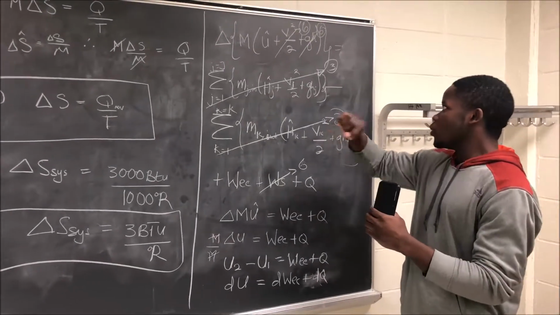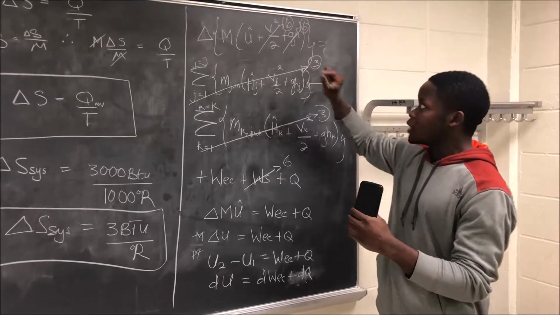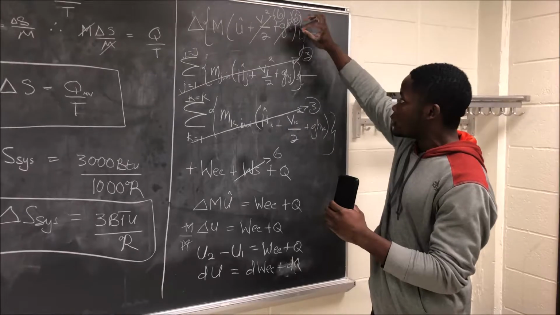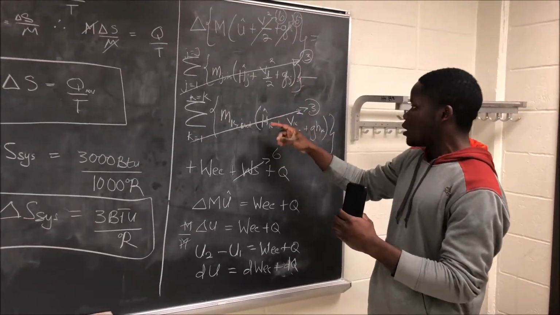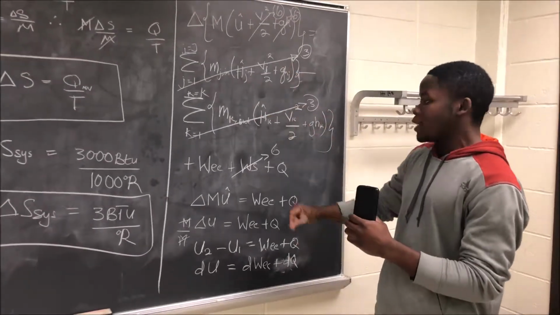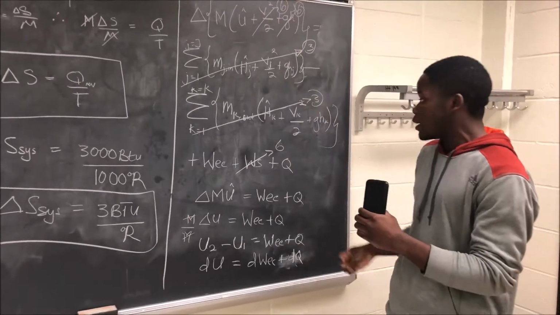To do that, we wrote out the entire energy balance, and since there is no change in kinetic or potential energy, these two terms cancelled out. There's no mass going into the system or coming out of the system, so these two terms also cancel out. And there's no shaft work, so that is cancelled out due to the assumption stated earlier.